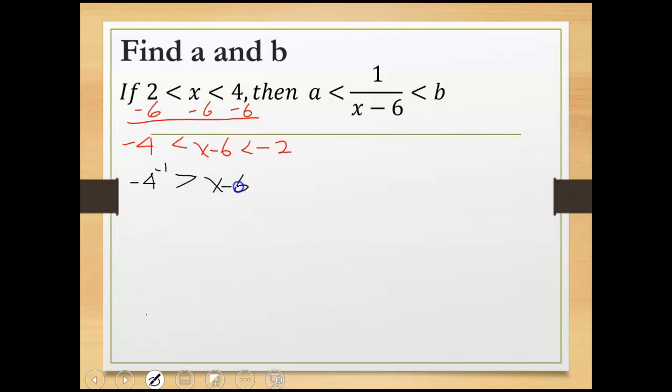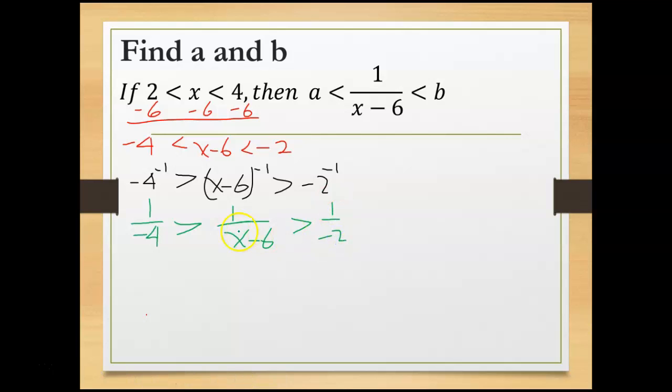So x minus 6 to the power -1 and -2 to the power -1. Anything to the power -1, we put it under 1. So -4 is greater than 1 over x minus 6, which is greater than 1 over -2, or -1/2.